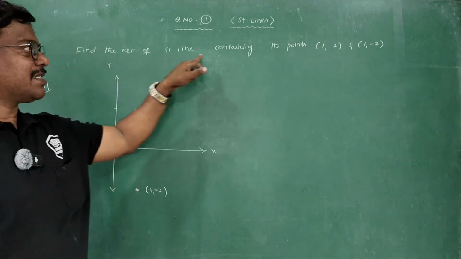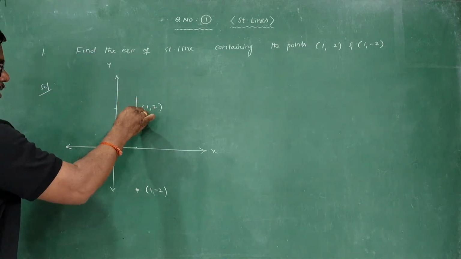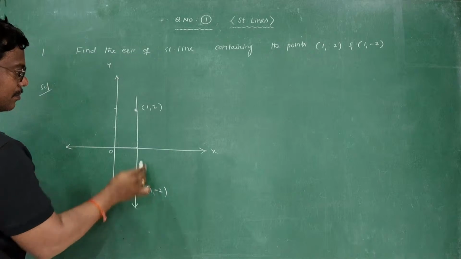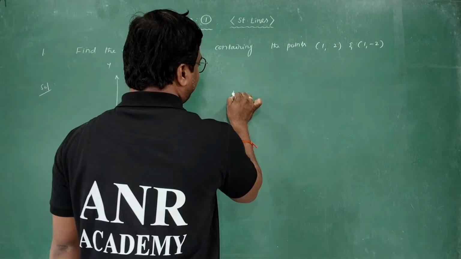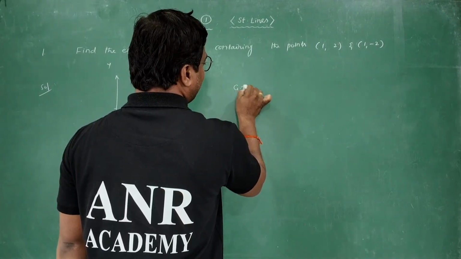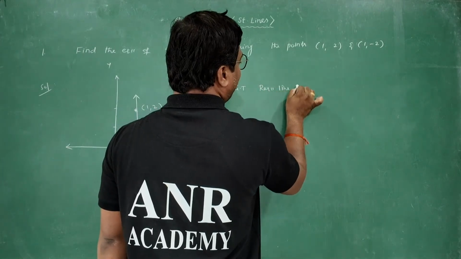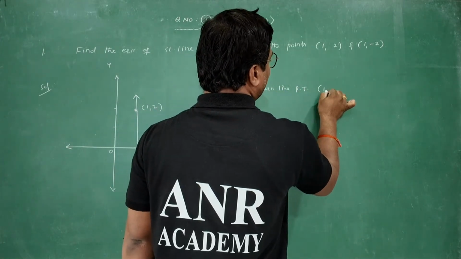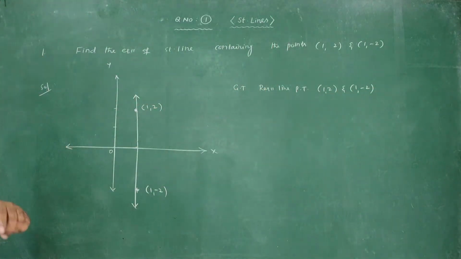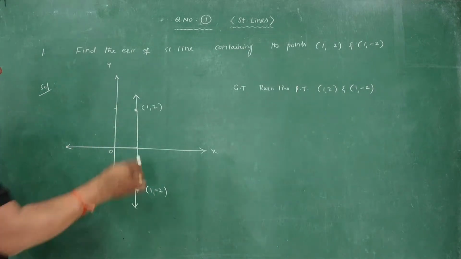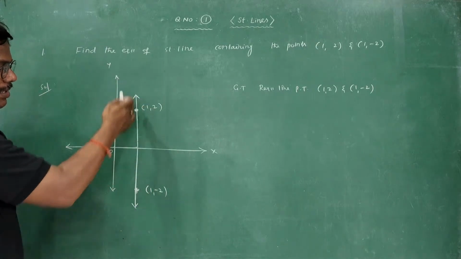You need to find the equation of the line containing the points. If you draw a line passing through these 2 points, this is the required line. Clearly, first I am going to write the given data: the required line passes through (1, 2) and (1, -2). Clearly the line passing through the given points is parallel to the y-axis, right?